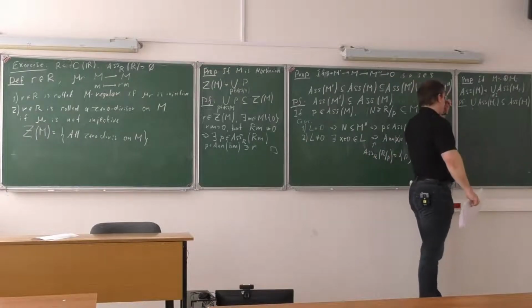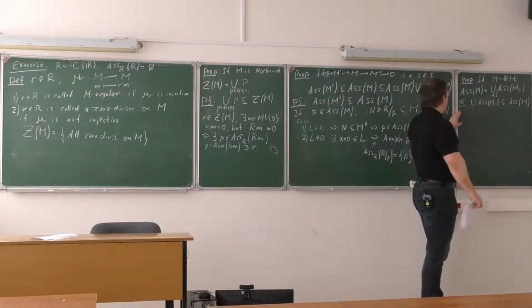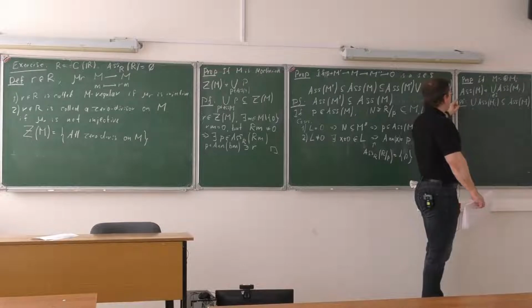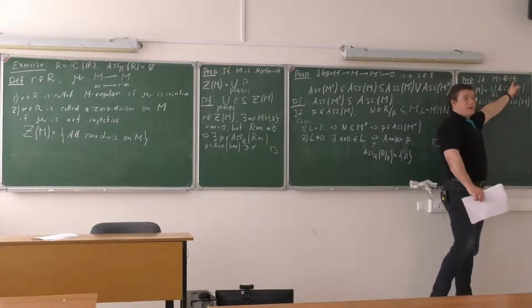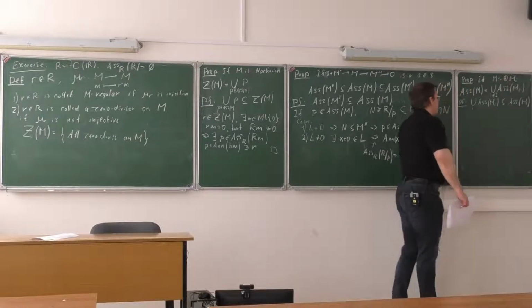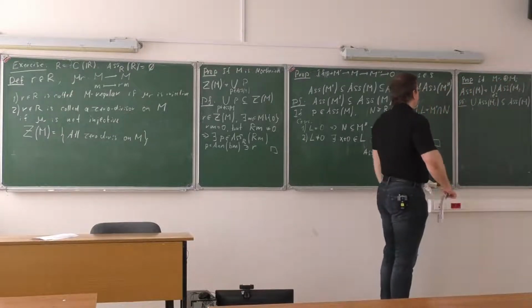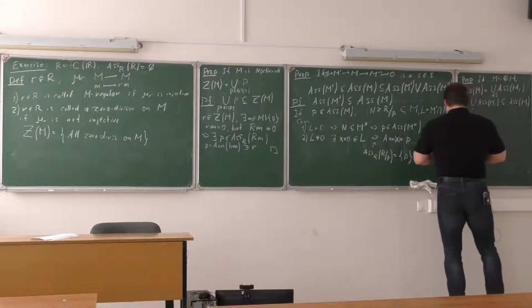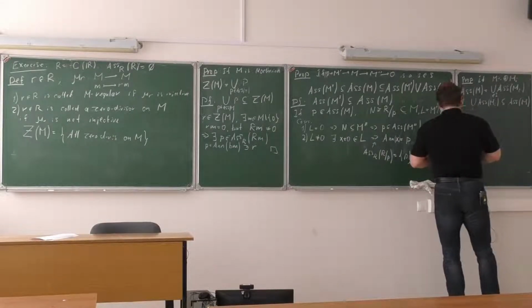This follows immediately from the definition, right? If you take something in this union, that's a prime ideal that annihilates an element in Mi, but you just consider this element inside M, maybe all other components being 0, and that gives the inclusion. Okay, so one inclusion is clear.